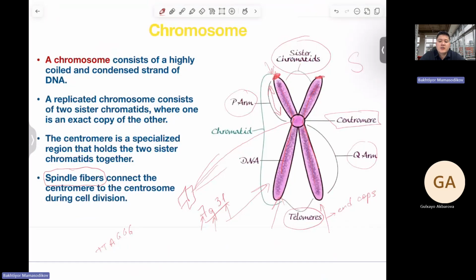Okay, what's the centromere? This is the centromere. It's the belt in the center of the chromosome. This centromere can cause a lot of genetic disorders. For example, incorrect attachment of this centromere can cause missegregation, which can lead to Down syndrome or Turner syndrome.